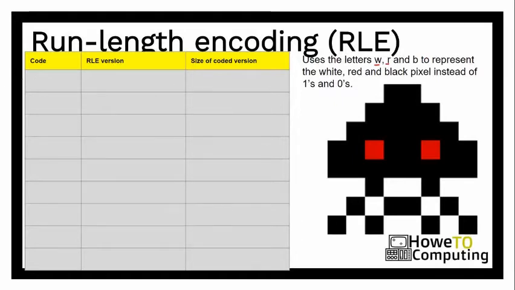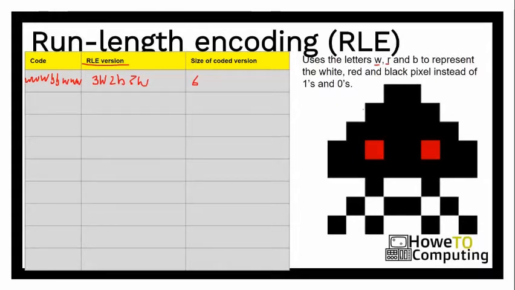So the code originally, because it's 8x8, would be W, W, W, black, black, W, W, W. Now we can perform our RLE version, which would be 3W, 2 black, 3W. So you can see this is now 6 bits long, instead of being 8. So we've lost 2 bits, so we're reducing the file size.